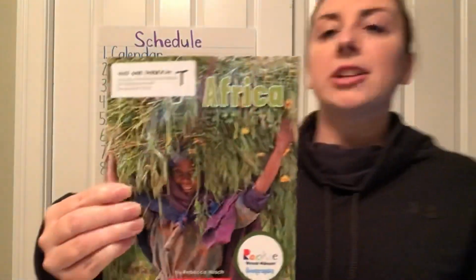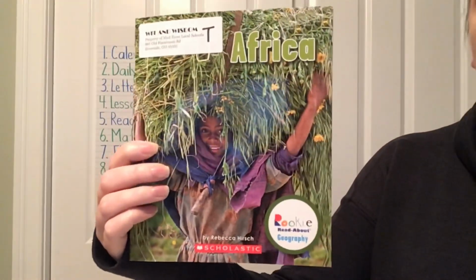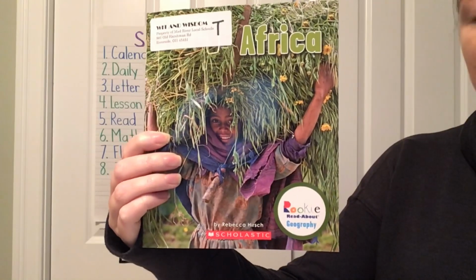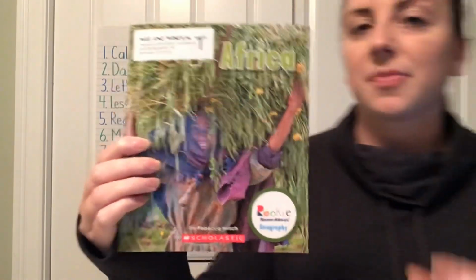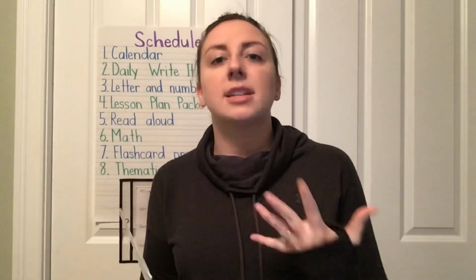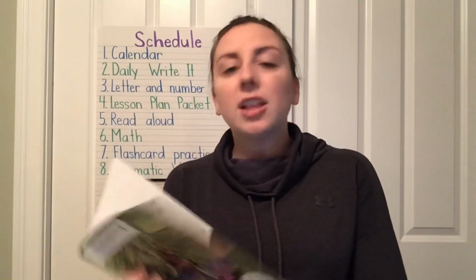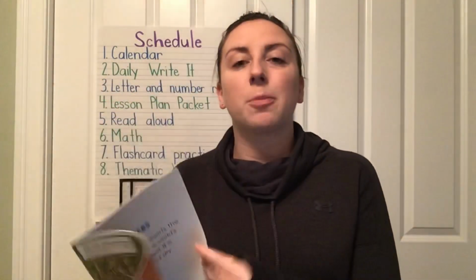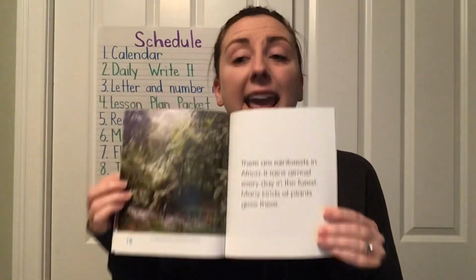So today we're going to be reading the book Africa, and it is by Rebecca Hirsch. So Rebecca Hirsch wrote the words. Did she also color the pictures? No, this book does not have an illustrator. That's why we can only see by Rebecca Hirsch, but we don't see the words illustrated by or pictures by, because all of the pictures in our books are from cameras.